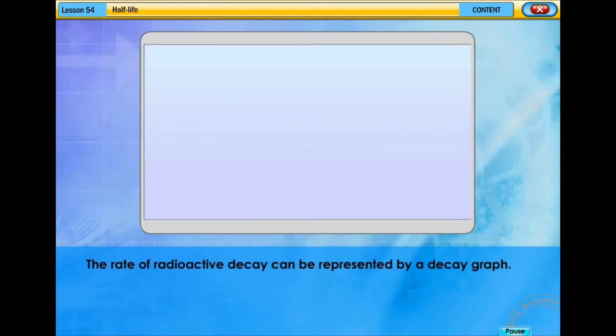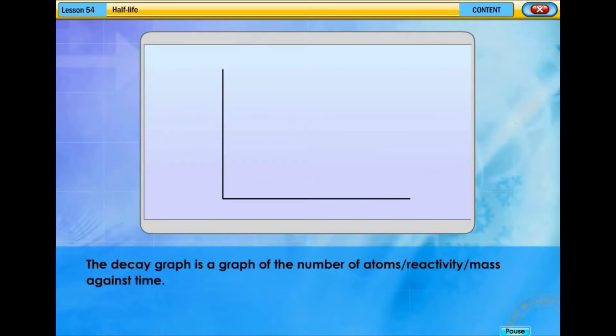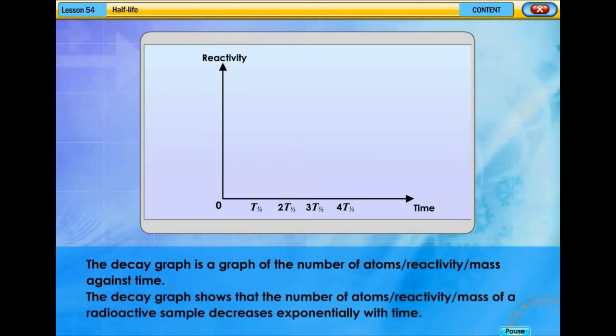The rate of radioactive decay can be represented by a decay graph. The decay graph is a graph of the number of atoms or reactivity or mass against time. The decay graph shows that the number of atoms or reactivity or mass of a radioactive sample decreases exponentially with time.